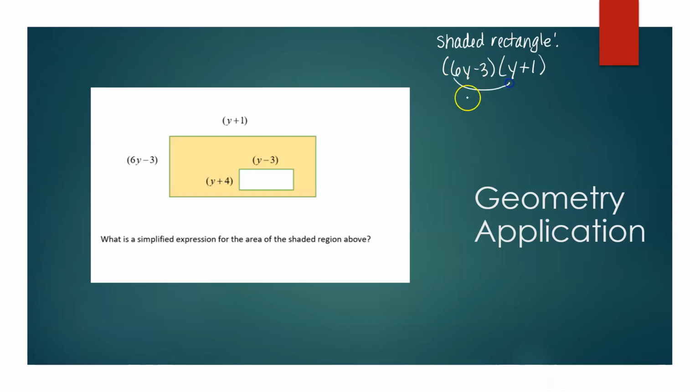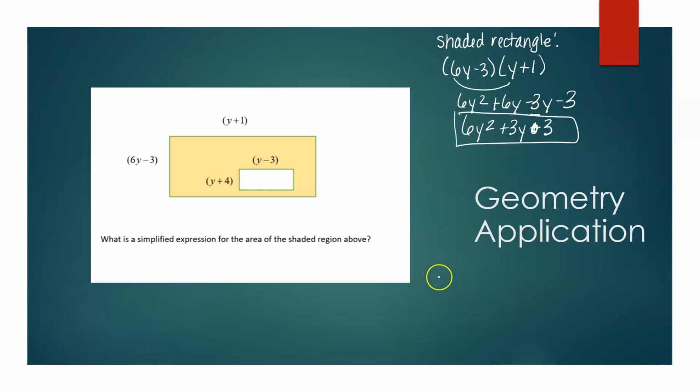But let's do 6y squared plus 6y, minus 3y, minus 3. So I have 6y squared plus 3y, minus 3. So the middle one is plus, the constant on the end is minus. So that's our shaded area. So keep in mind, there's that.